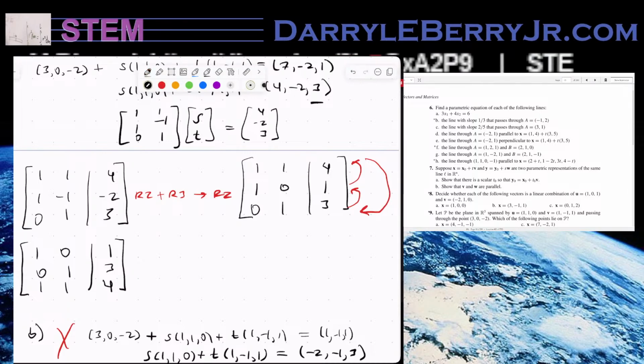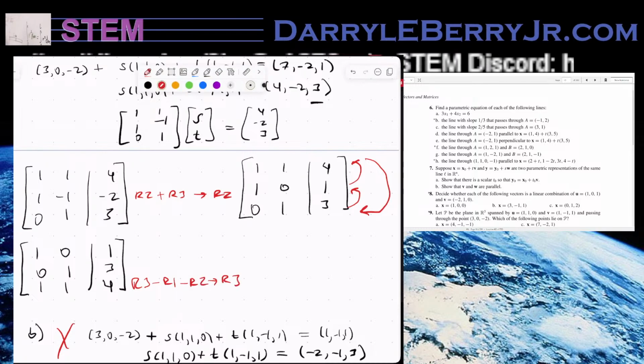And then we have row 3 minus row 1, minus row 2, equals row 3.